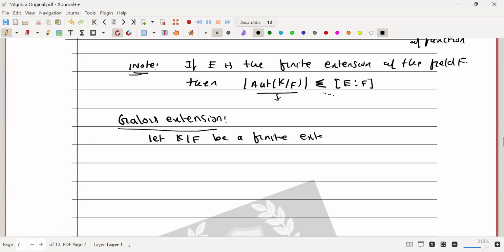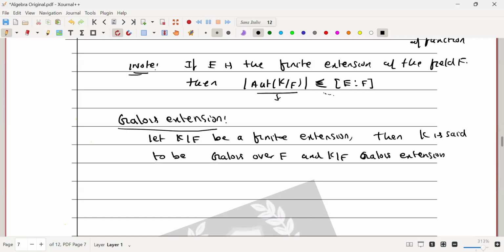Then K is said to be Galois over F, and K over F is called a Galois extension if the order of automorphisms of K over F is equal to the degree of E over F.